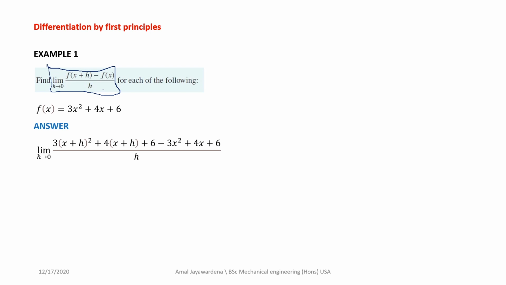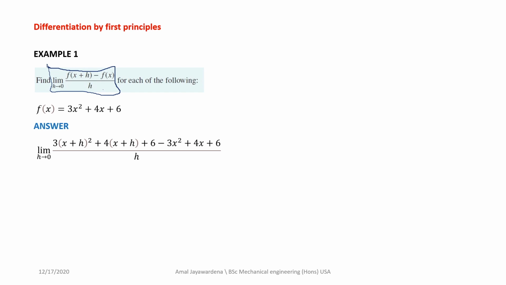So first thing we have to do is write this equation with plus h. So f(x + h): every time you see an x, we have to put a plus h on it. So it's going to be 3 within brackets (x + h) squared plus 4(x + h), just for the x.